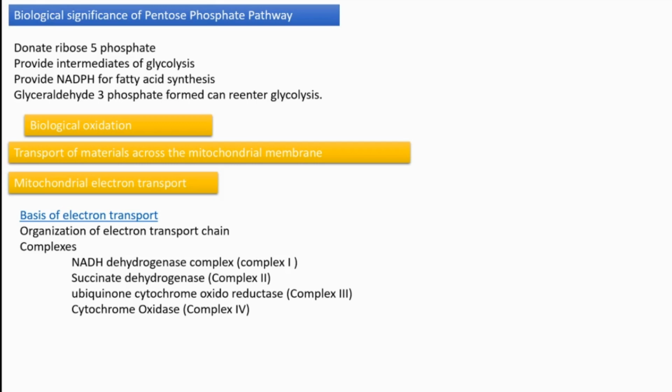So all these things we need to carry towards the inner matrix of the mitochondria. Then only can we continue the further breakdown of these metabolites and convert them to energy-rich molecules like ATP. So that transport is the next thing we have to understand.